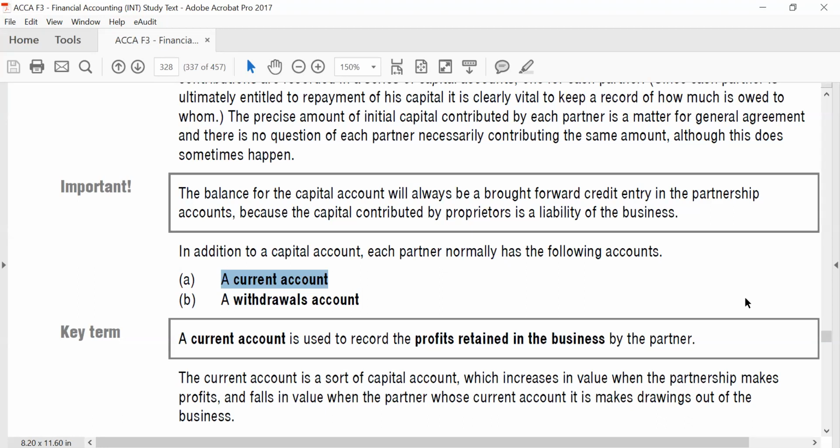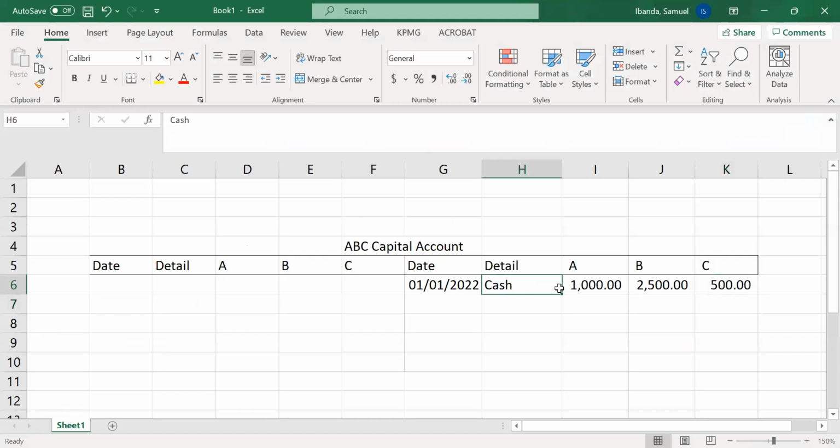We have what we call a fixed capital account, and then we have a floating capital account. Now, a fixed capital account means that we only record aspects to do with capital contributions in the capital account, and that is all, okay?